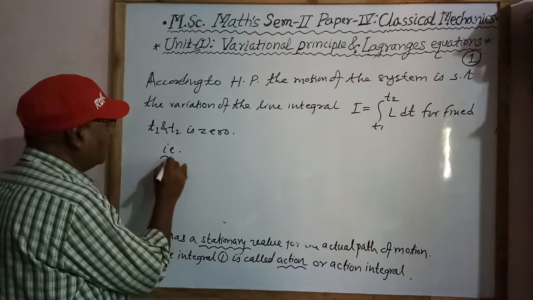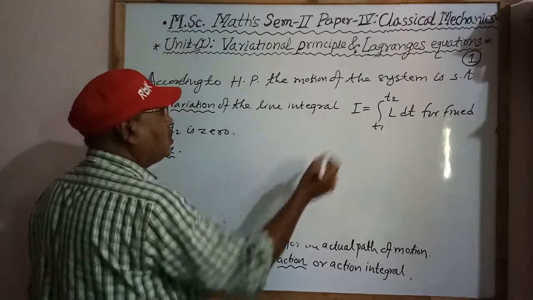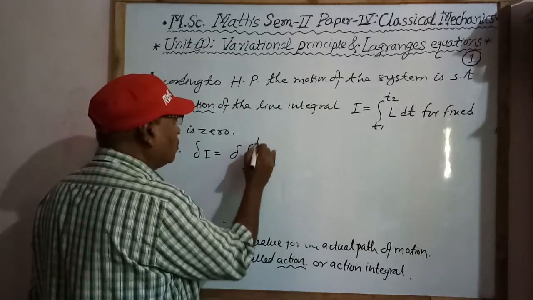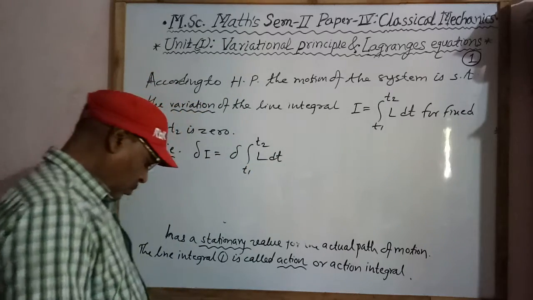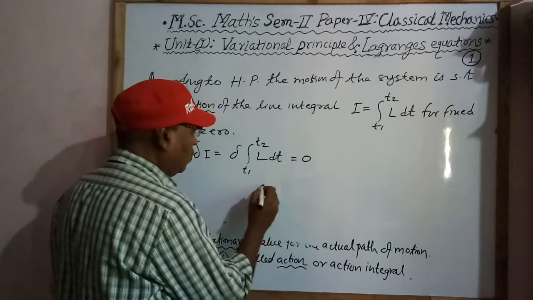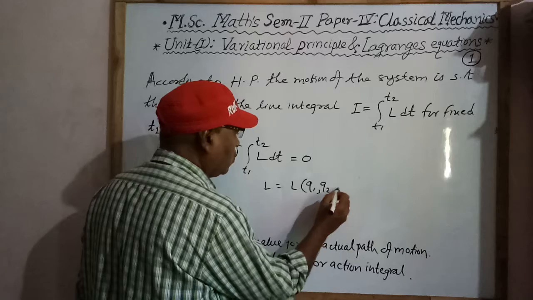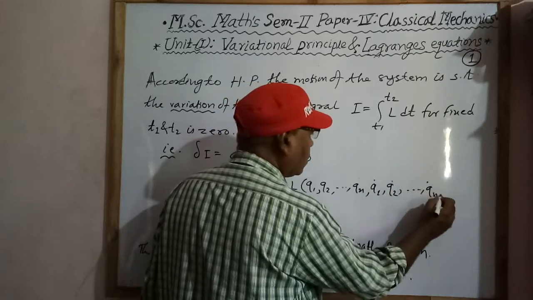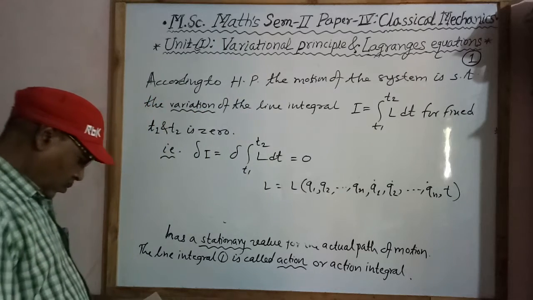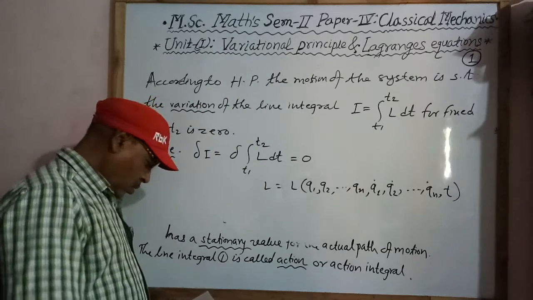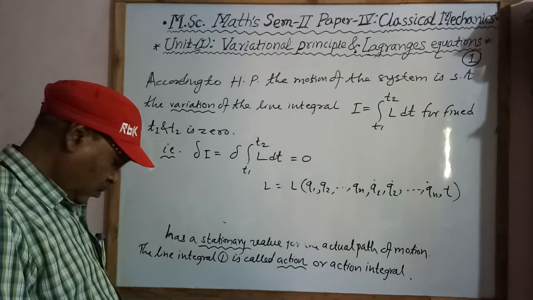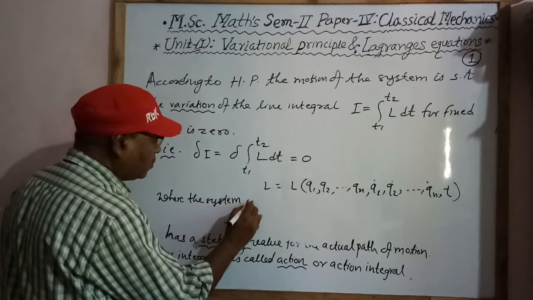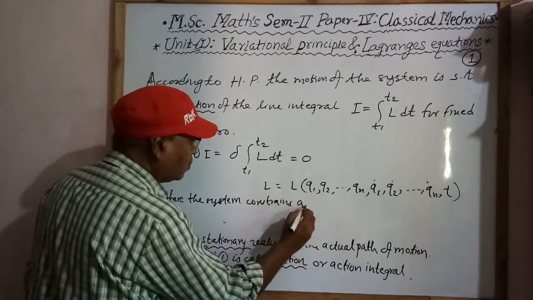That is, we write the variation of this integration as delta I equal to delta of the integration t1 to t2 L dt is 0, where L is the function of q1, q2, so on, qn, q1 dot, q2 dot, so on, qn dot, and also with time t, where the system constraints are holonomic.